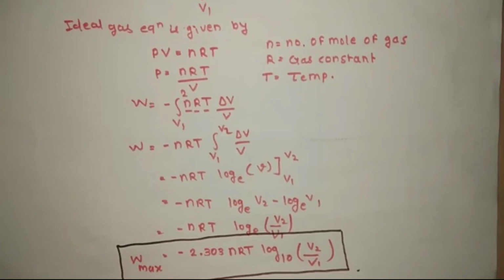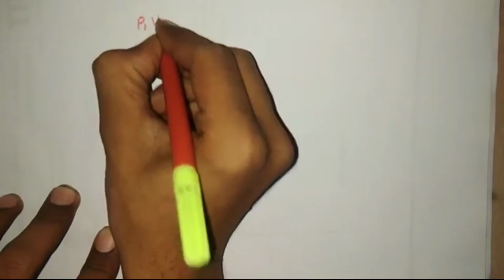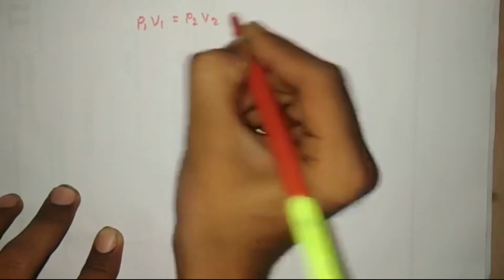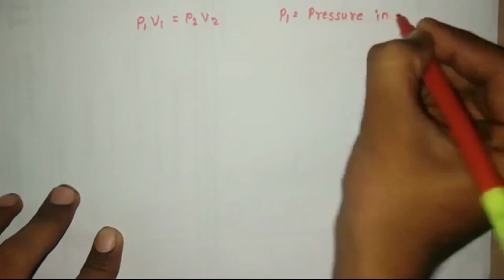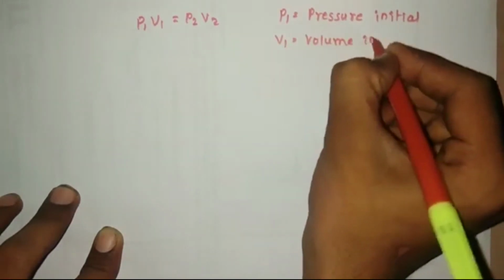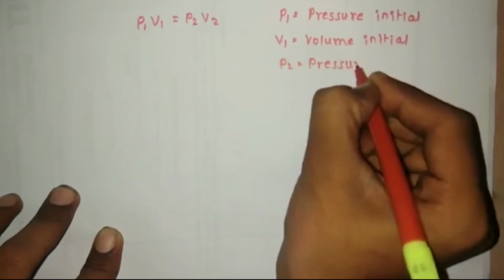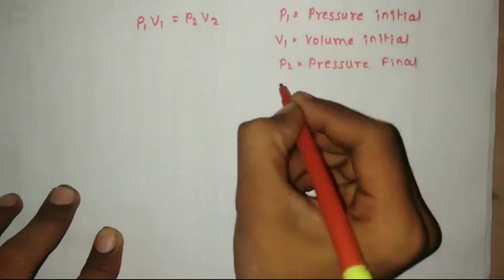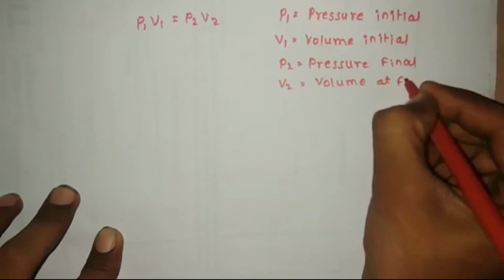Now we know that the relation between V1, V2 and P1, P2 is given by Boyle's law, such as P1 V1 equals P2 V2, where P1 is the pressure at the initial stage, V1 the volume at the initial stage, P2 the pressure at the final stage, and V2 the volume at the final stage.